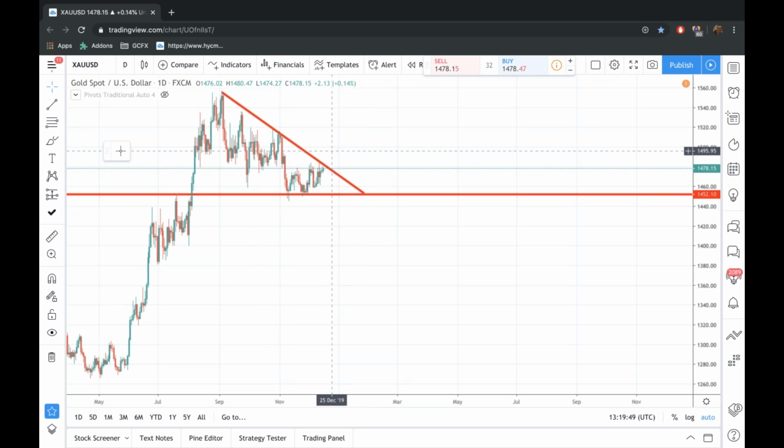So what you want to look for is fundamental reasons, US-China trade wars, that's a good one. If President Trump starts tweeting about how he's going to put extra tariffs on China, and if things start to break down, then expect this to break out. Now, this is my personal opinion only: I'm expecting the US-China trade deal to break down or to be bumpy.